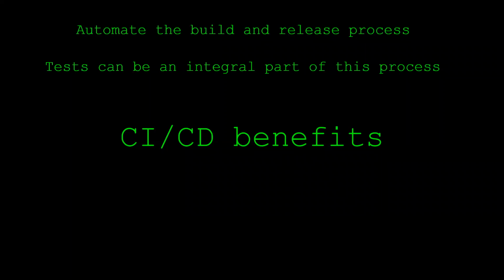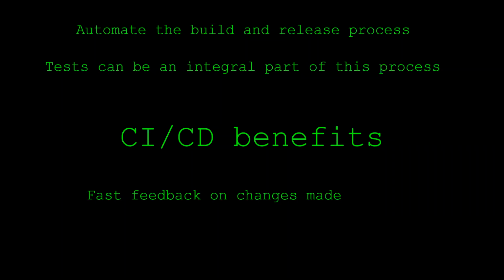A big benefit is that running automated tests, no matter if they're unit tests or integration tests or end-to-end tests or performance tests or security tests or any other kind of tests, can be made an integral part of this process. And that's what we're also going to be talking about, and what I'm going to be demonstrating today. Why?